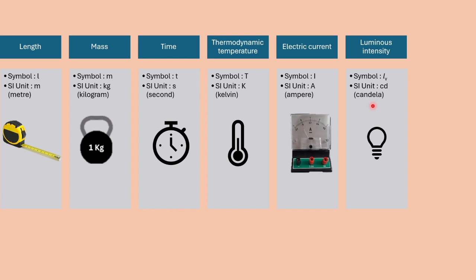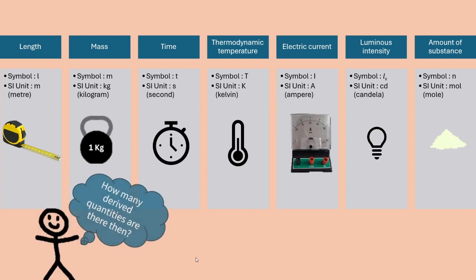Its SI unit is candela, represented by cd. And the final one we have is amount of substance, represented by the symbol little n. And its SI unit is mole, represented by mol. And these are the basic units that you will be learning at this level. There are a total of 7 basic units.